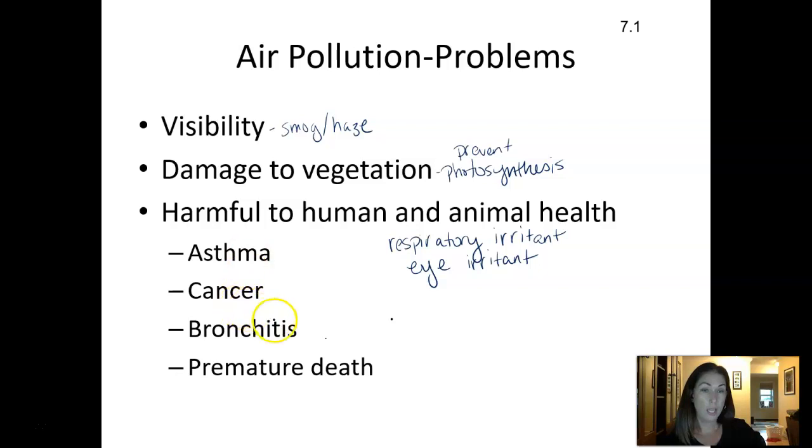It can cause cancer in some cases. Radon is linked to a very specific type of cancer, lung cancer. A lot of times for the AP test, you will have to refer to a specific type of cancer, because most air pollution is not going to cause, say, liver cancer or bone cancer. So most of the time you have to say the very specific type of cancer, in this case, lung cancer. It can aggravate bronchitis, and in some cases it can cause premature death because it impacts how we breathe.